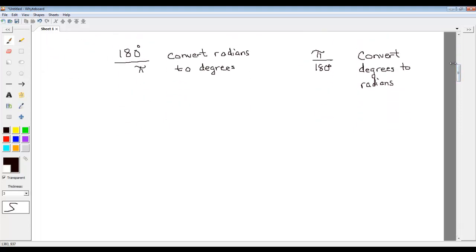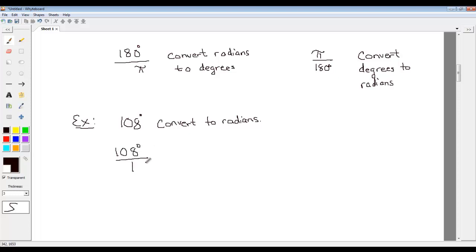Okay, let me show you how that works. Let's say you have an angle that you're told is 108 degrees, and you're told to convert to radians. Well, if it's in degrees, you need the degrees to cancel out.